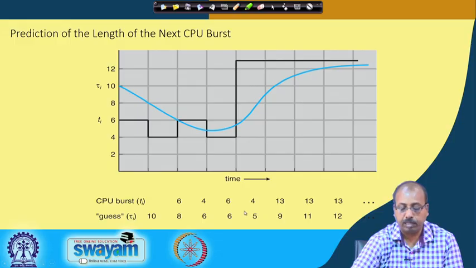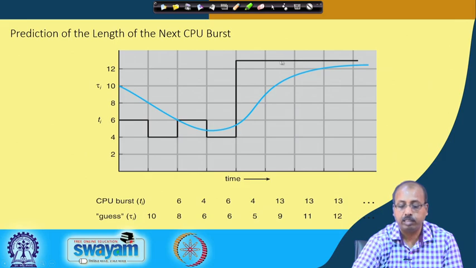So, again the prediction comes down to 5. Now, the actual execution has jumped. The prediction was 5, but the CPU burst was 13 time units. Then the prediction goes up, and the next prediction comes to be 9. So, it increases to this value. Now, for the next burst also the CPU burst is high, 13 only.